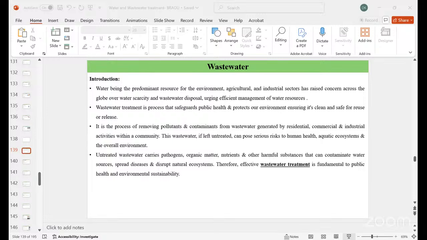It is the process that safeguards public health and protects our environment, ensuring it is clean and safe for reuse or release. It is the process of removing pollutants and contaminants from the wastewater generated by residential, commercial, and industrial activity within the community. This wastewater, if left untreated, can pose a serious risk to human health, aquatic ecosystems, and the overall environment as a whole.